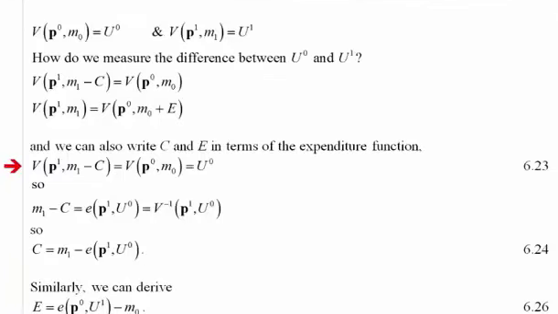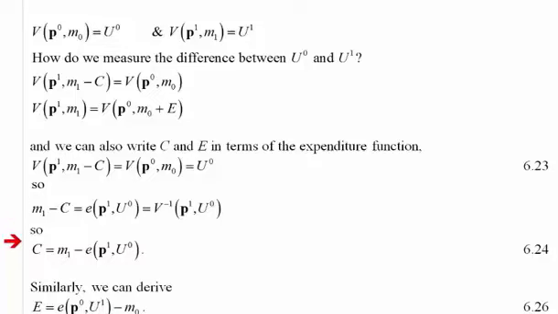We can also write C and E in terms of the expenditure function by noting that the indirect utility function evaluated here at P1, M1 minus C is equal to, by definition, V of P0, M0, which is also equal to U0. So if we invert the indirect utility function to obtain the expenditure function, you obtain M1 minus C, which is equal to the expenditure function evaluated at P1, U0.